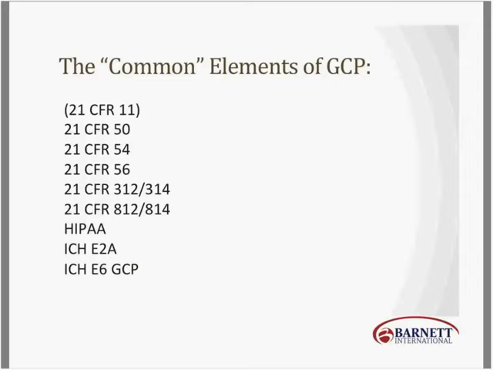So looking at information, too, about financial disclosure, 21 CFR Part 54 requires us as sponsors to obtain financial disclosure information from all participating investigators and sub-investigators, and that information needs to reflect answers in terms of spouses and dependent children as well. This is different from what the Department of Health and Human Services, or OHRP, requires for federally funded research, such as NIH studies, where we talk about disclosure of conflicts of interest.